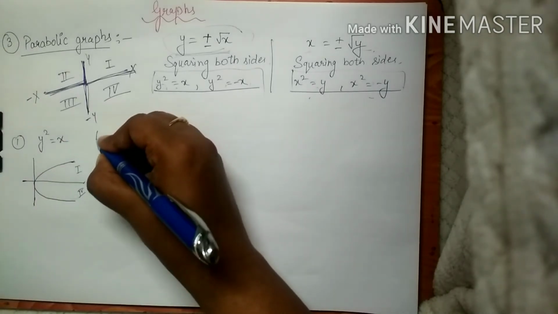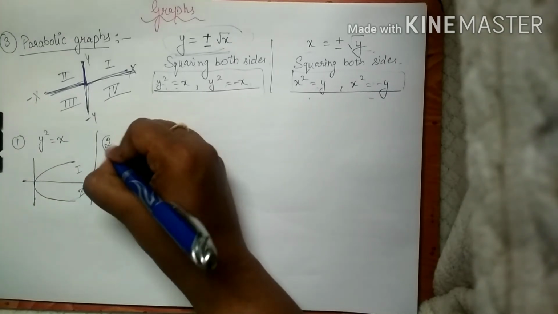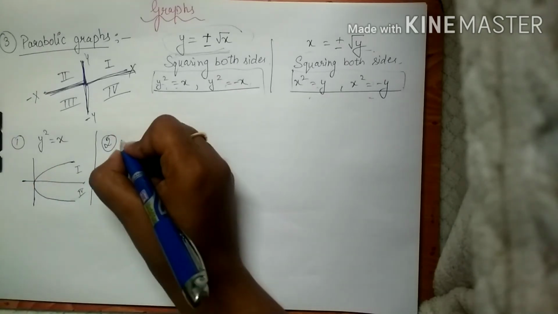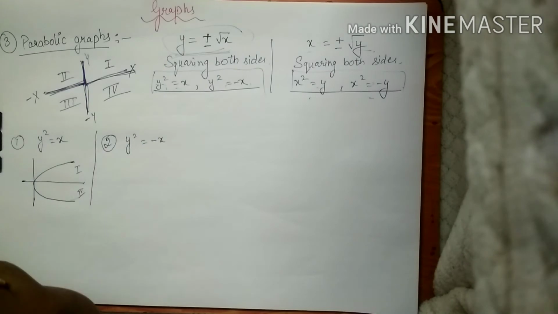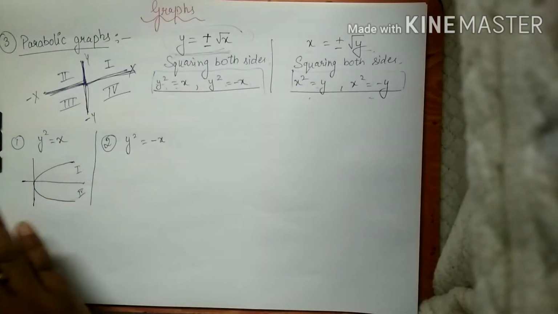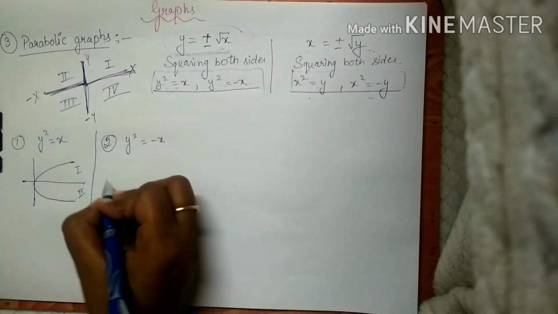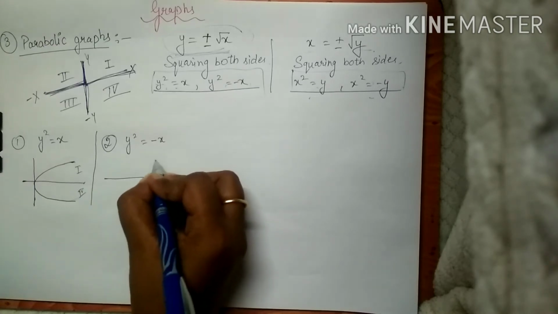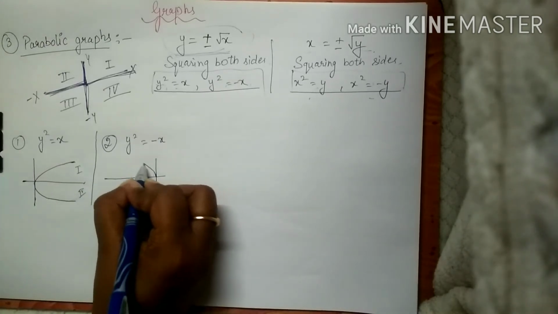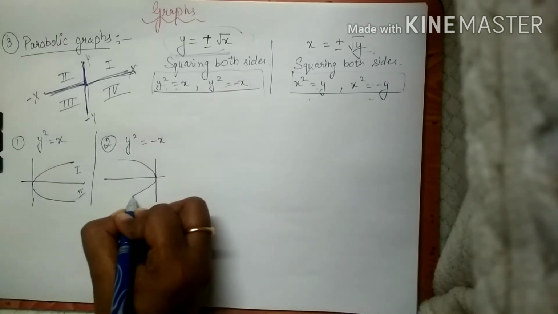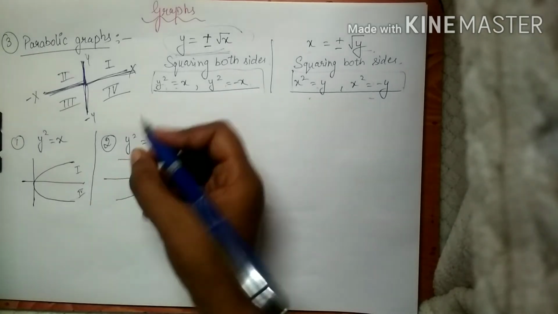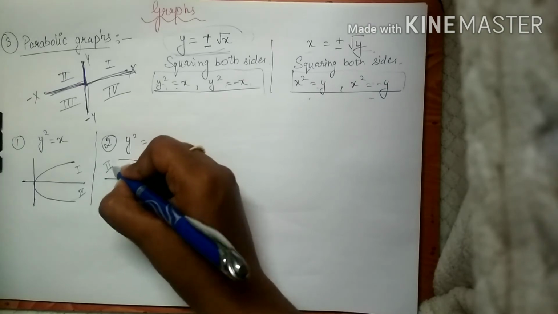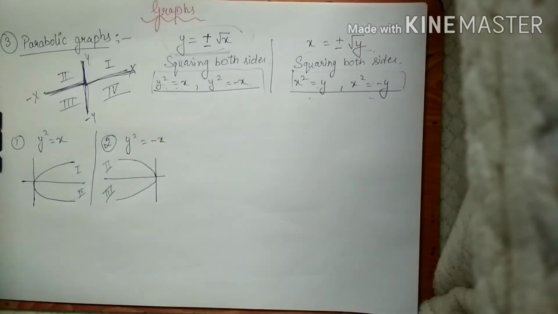Okay, now for the second type of curve, which is y square is equals to minus x, the quadrant is opposite of this. Like this. Here the parabolic curve occupies your second and third quadrant.